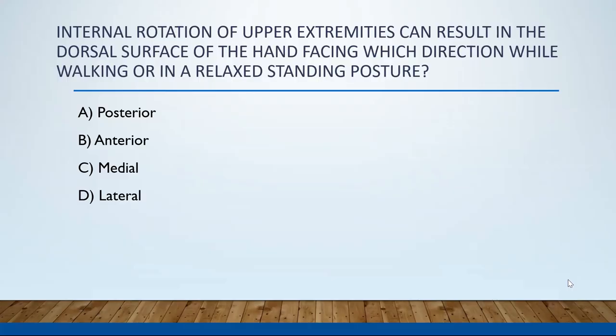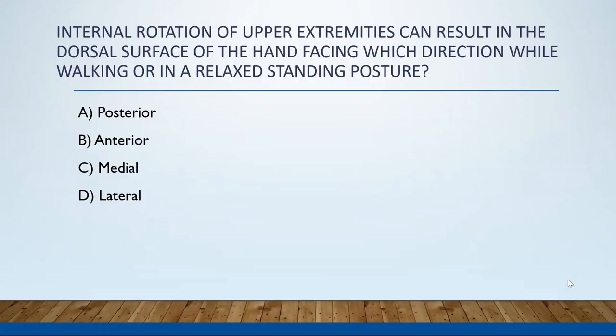Internal rotation of the upper extremities can result in the dorsal surface of the hand facing in which direction while walking or in a relaxed standing position. Be careful on the question. So the answers are A, posterior, B, anterior, C, medial, D, lateral.